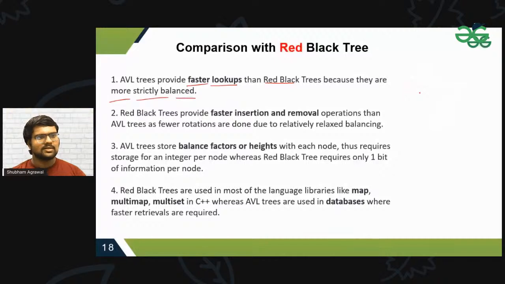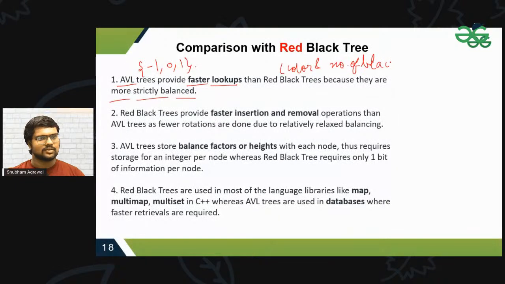That is not the case in an AVL tree, because the balance factor is -1, 0 and 1 in case of an AVL tree, and in a red black tree only the color property and the number of black nodes property should be satisfied.